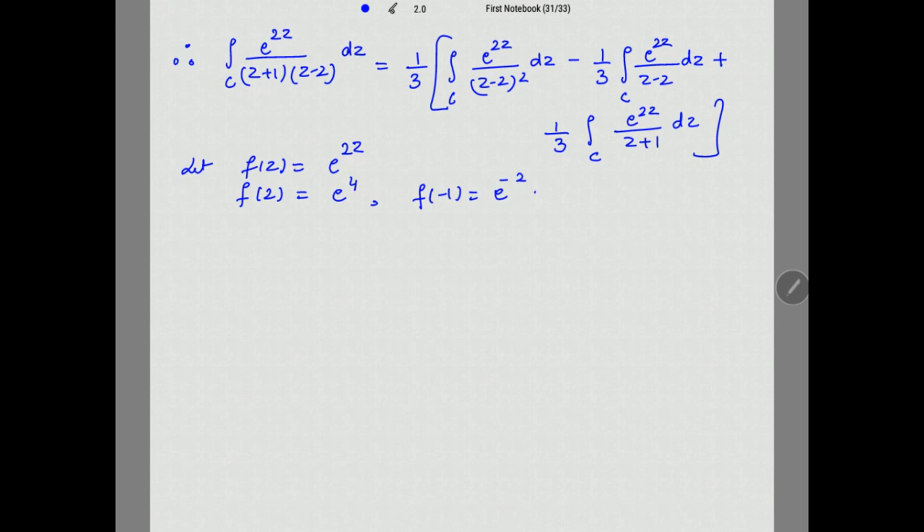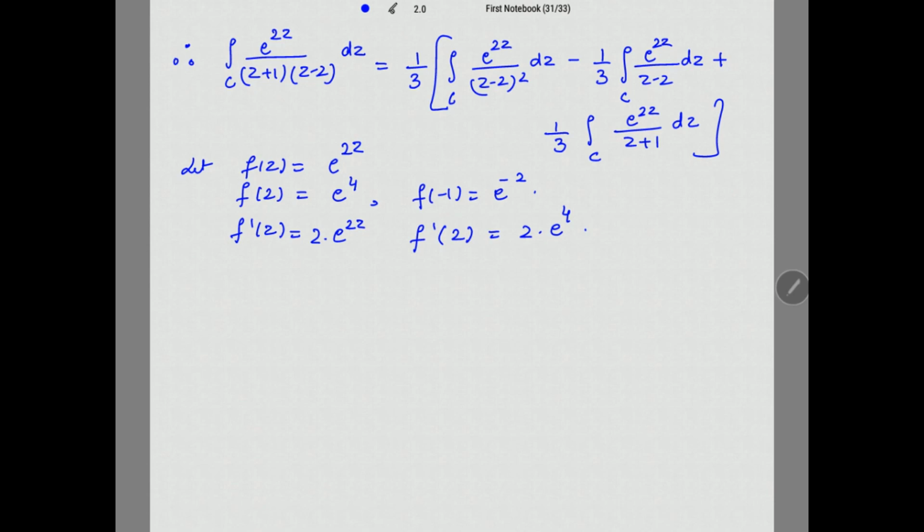Now one thing more: because we have to use Cauchy's integral formula over here and the denominator power is 2, we need f'(z) also. So what is f'(z)? This is e^(2z) into 2. And now f'(2) is 2 into e^4.